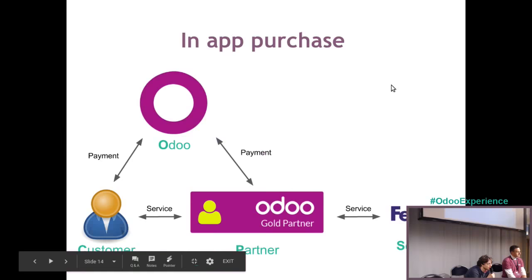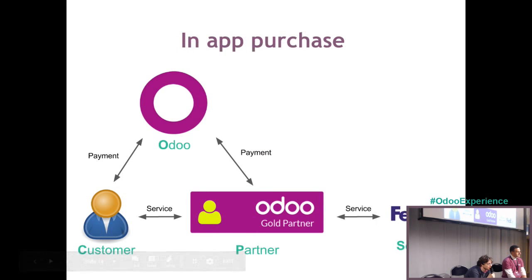I was thinking tonight, and I figured out that the partner should actually be split into two actors, because it's not exactly a partner. It's more like a connector or an integrator. That's the reason why on my slide I also use the word proxy, because it's a proxy.